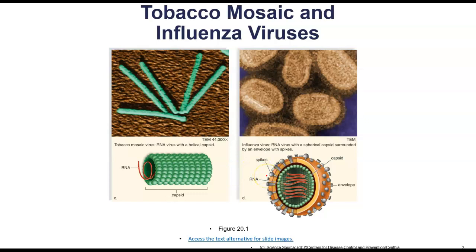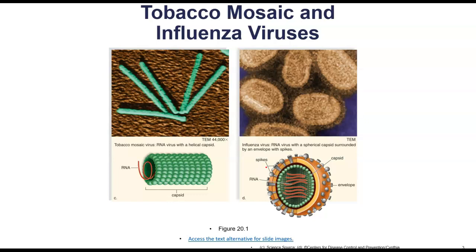The influenza virus that causes the flu does have an envelope. It's an RNA virus. The green part is the capsid. And then you see the envelope that contains spikes. And these spikes are glycoproteins. Glyco meaning they're carbohydrate chains with proteins attached.